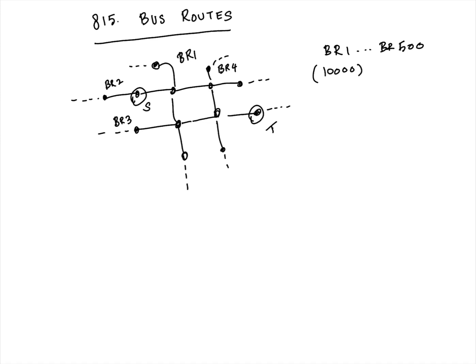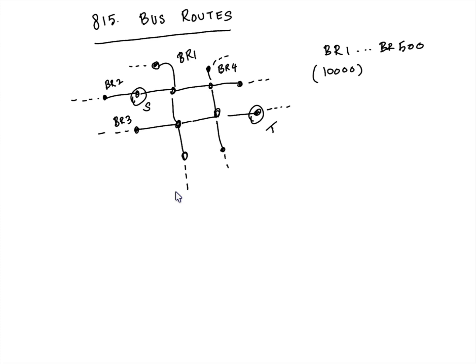It's quite possible that there is no way to go from source to target. That's another important factor to consider, because this is not necessarily a city where every stop is connected to every other stop. So we may not even have a route from the source to the target.